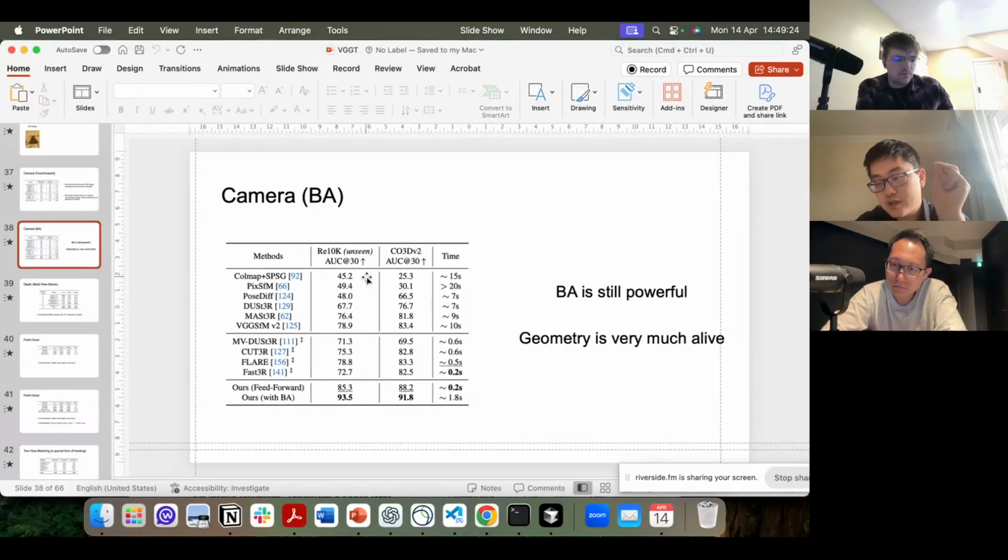We will compute the rotation and translation angular difference between one frame and all the others, and then threshold such a relative angular difference by a certain number, like 50 degrees, 30 degrees, 10 degrees.